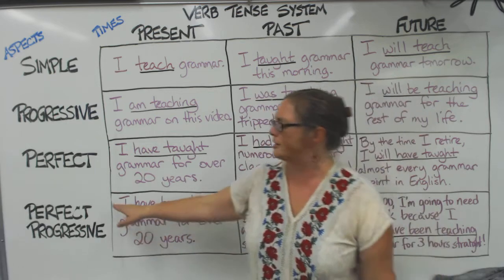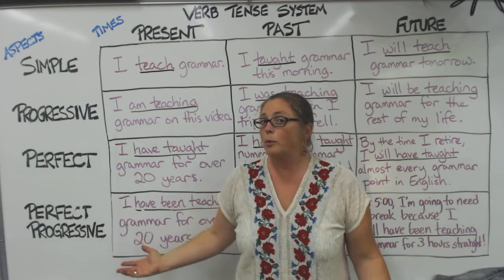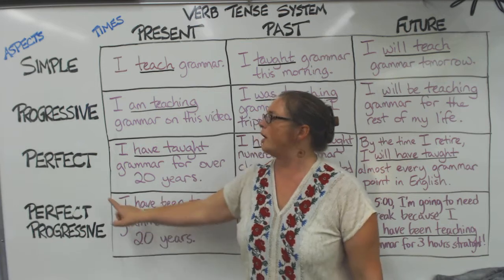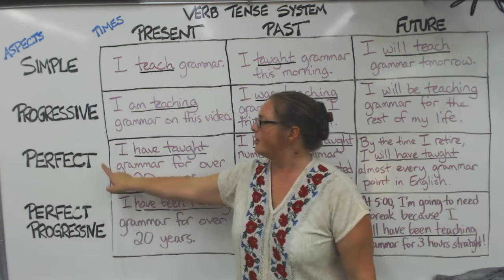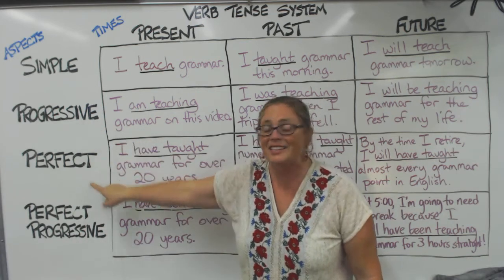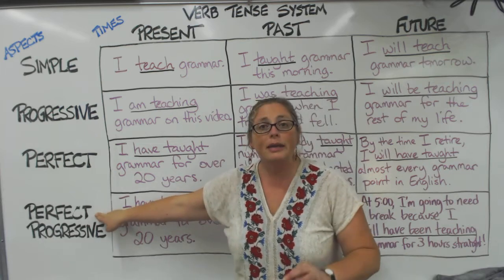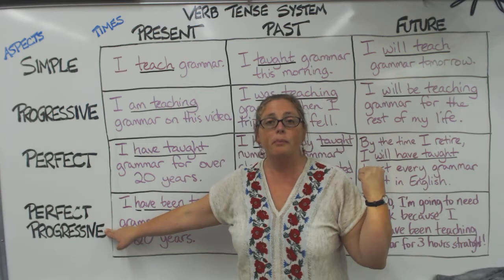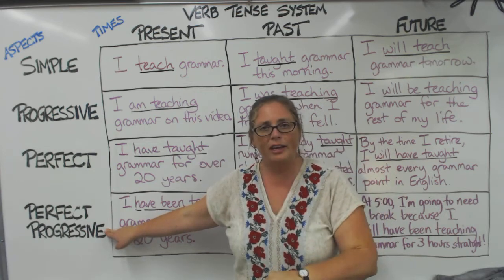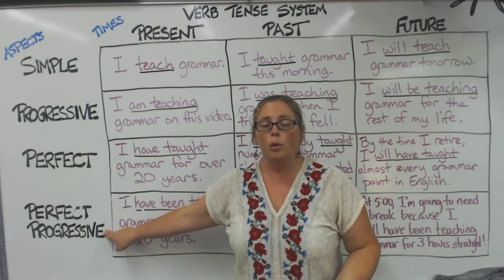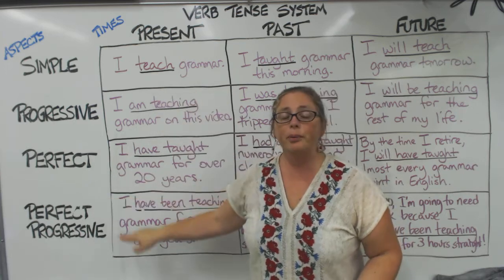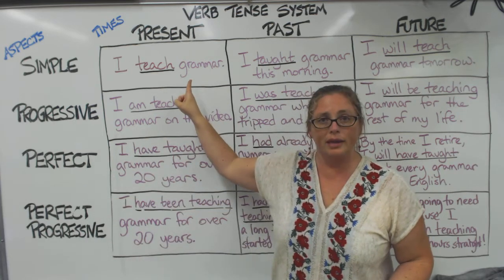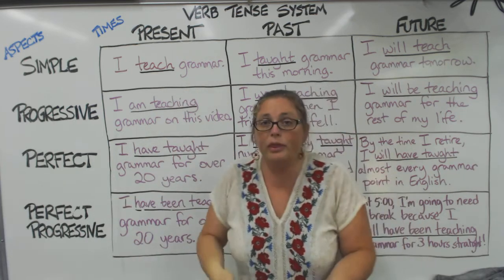Now, the last one is the perfect progressive. And what does this do? This one combines these two ideas. The perfect meaning before a time, and the progressive meaning unfinished. So, present perfect progressive, your focus is on the present.